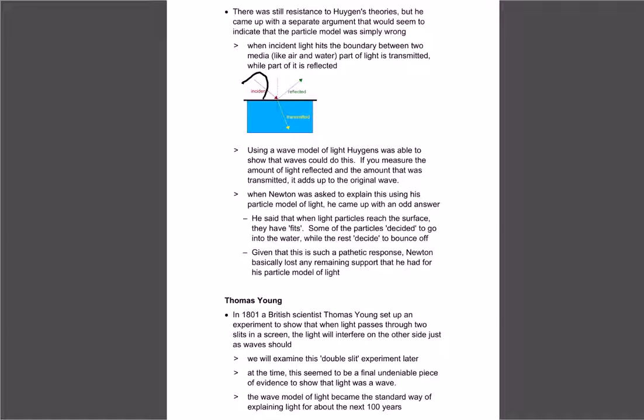If we had an incident wave of, let's suppose, an amplitude of 5, he then measured how much of the wave got reflected. So let's suppose 2 of it got reflected, and then he measured what went through. It was transmitted into water, and it was 3. So what he found out was that the original 5 broke up into 2 parts that added up to the original. And he said it acted just like when we have wave interference.